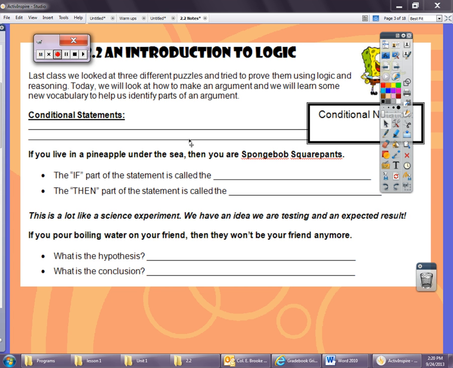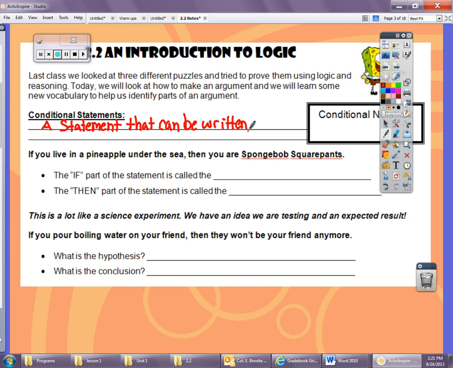First thing, it's called a conditional statement. A conditional statement is a statement that can be written in the form if P then Q. So if P then Q. Now our conditional notation looks like this.